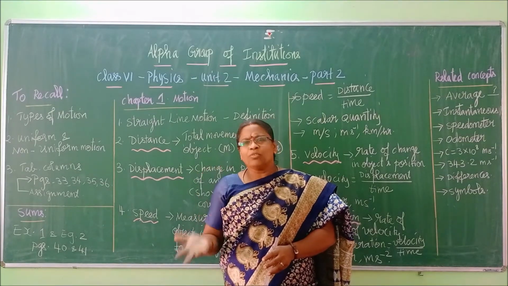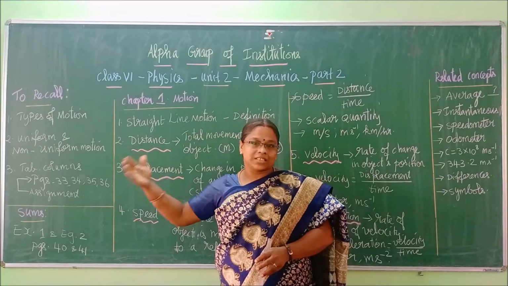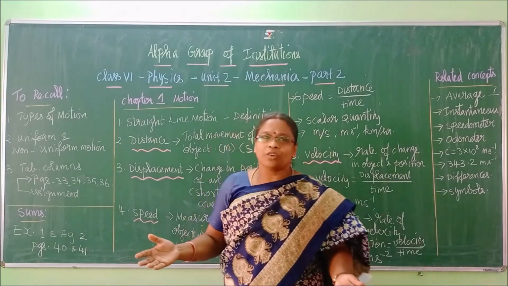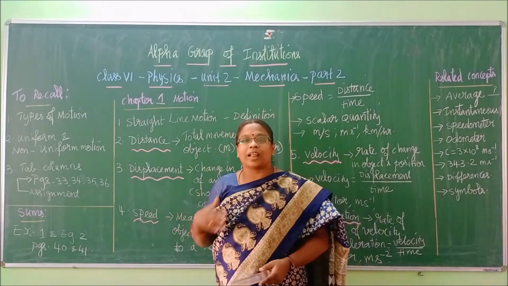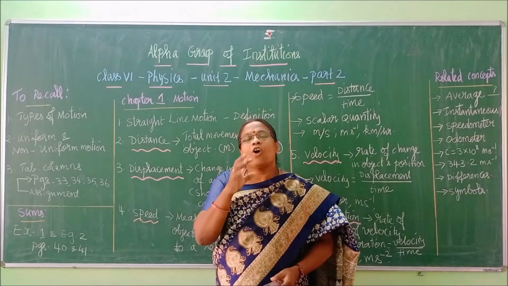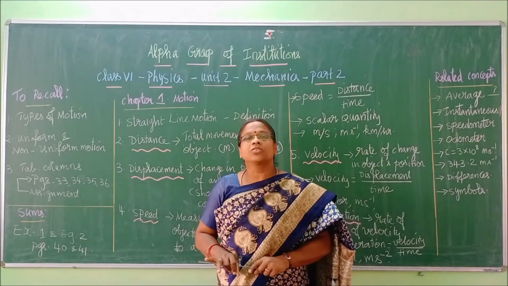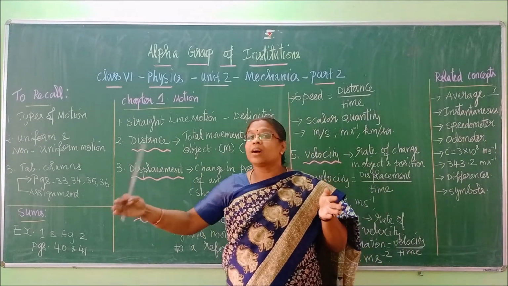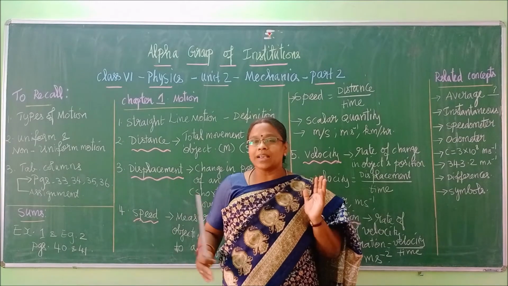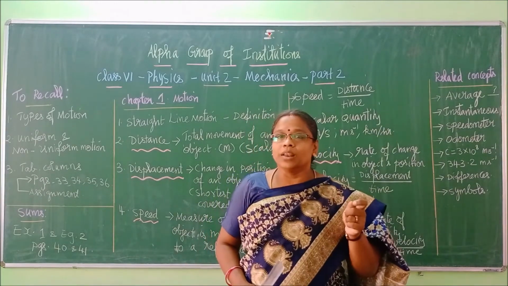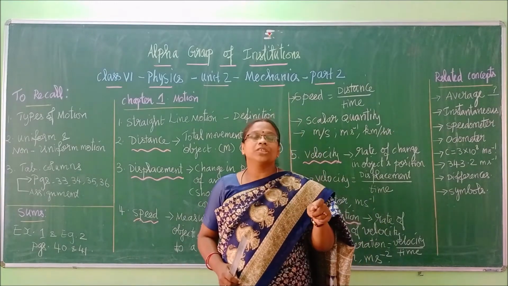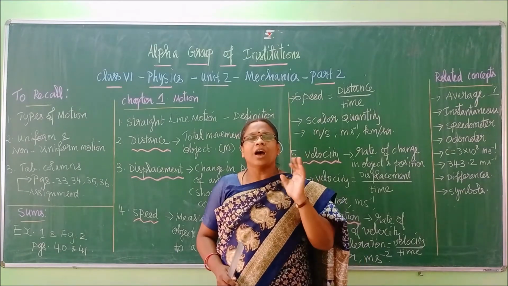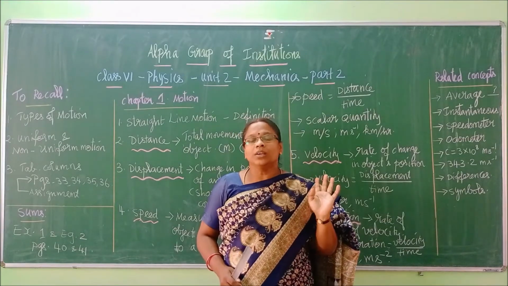So whatever may be the method of travel, whatever may be the path of travel, how much distance we cover, that is called distance. Remember this, the total length covered in a travel is called distance, and very particularly in distance we don't specify the direction.